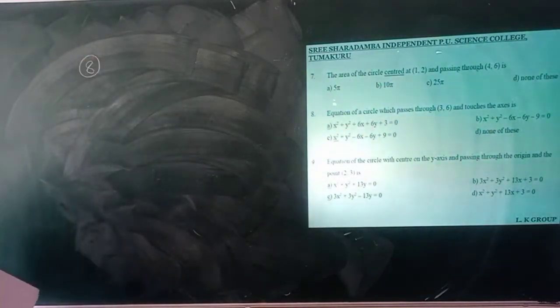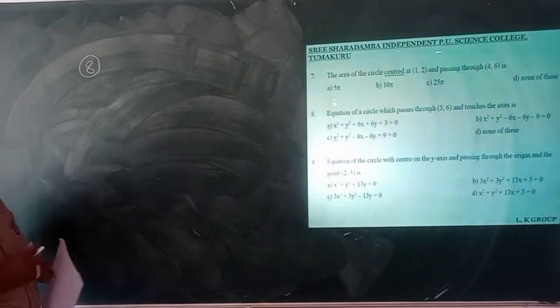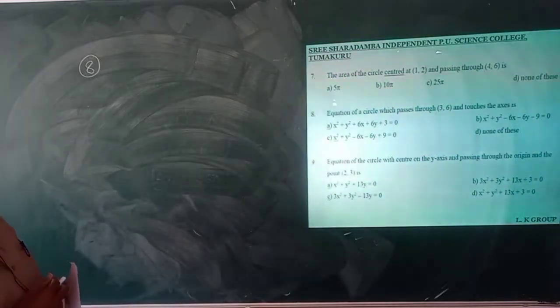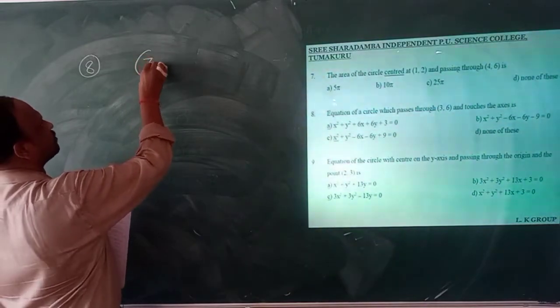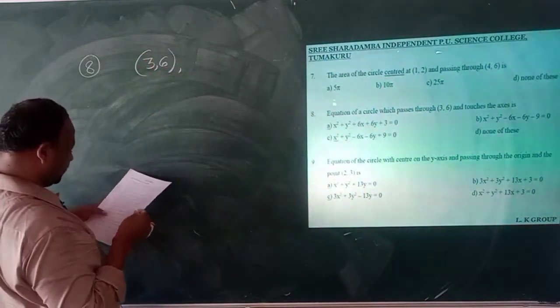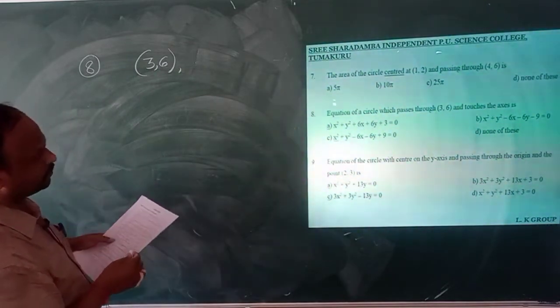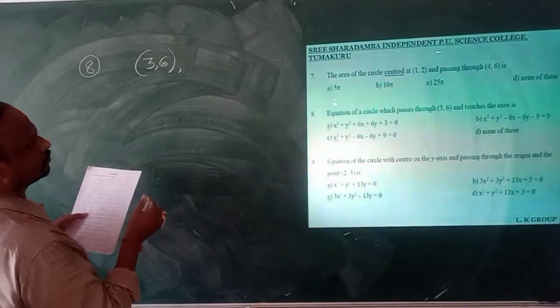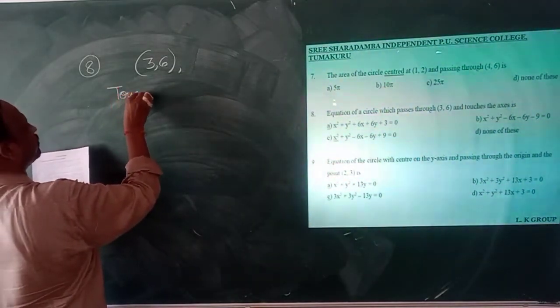Eighth one, observe eighth one, equation of circle which passes through (3, 6) and touches the axis. Circle passing through (3, 6) and touches coordinate axis.